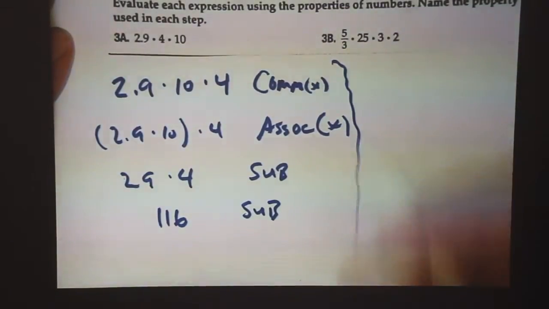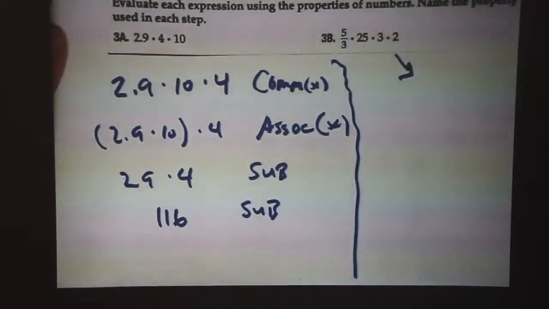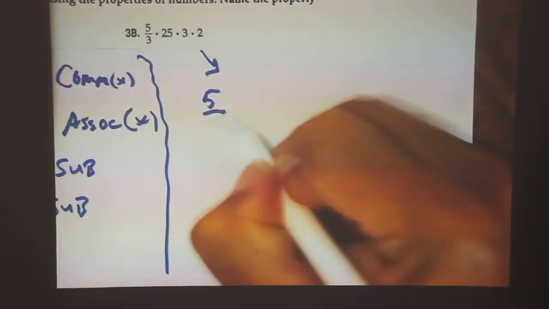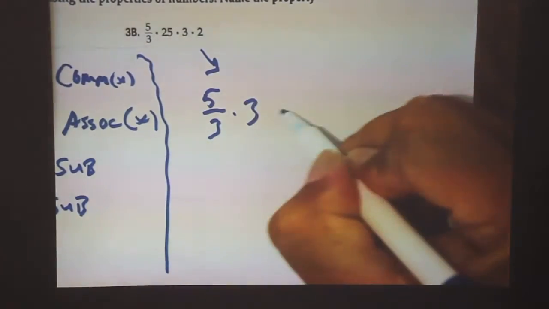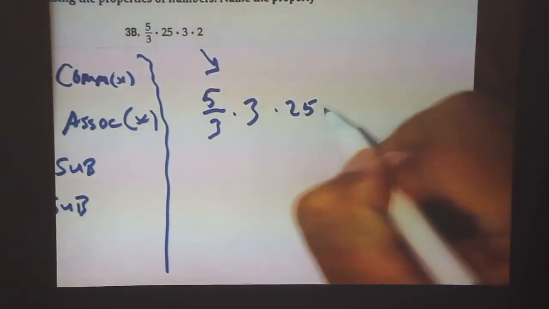Alright, we'll go ahead and work 3B. Move it over this way. Let's slide this over. Again, I notice a fraction of 5/3 and I see a number 3. So my first move here is I want to move those right next to each other. Times 25 times 2.